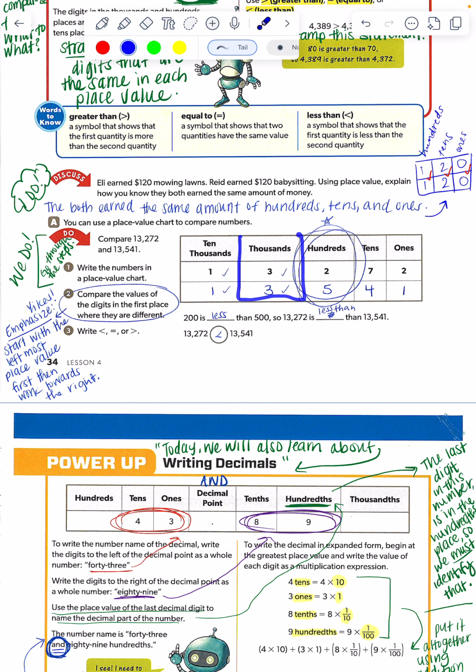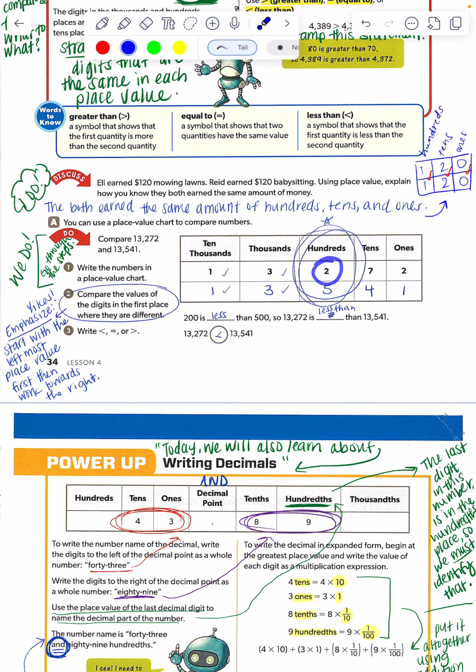Now we're in the thousands place. What do we notice? They both are 3. So does that help us compare? No, it doesn't help us compare. So what should we do? Move to the right. Now we're in the hundreds place. They both have 2 different place values. Okay, which one is the highest place value? The 5. Okay. What's the value of that 5? 500s. And what about the other number? How many hundreds do we have in the other number?